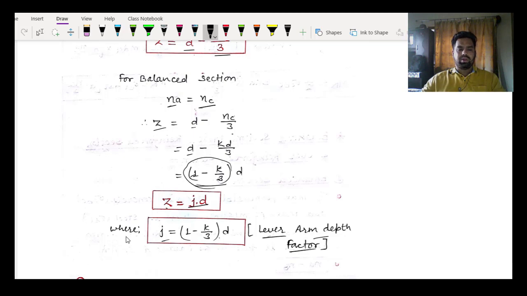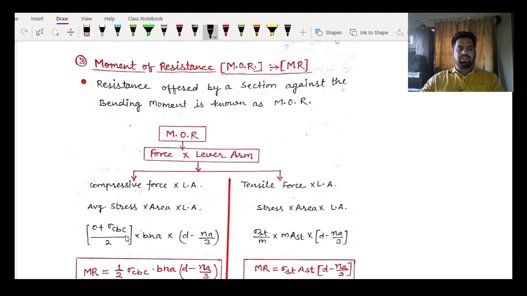After this, we have to calculate the moment of resistance, which is denoted by M.O.R., or you can simply write it as MR. Basically, the moment of resistance is the resistance offered by a section against the bending moment. So MR is the maximum value of bending moment that the section can resist.